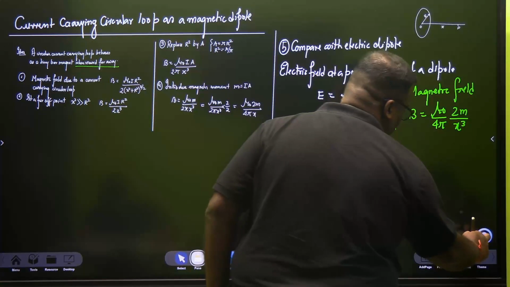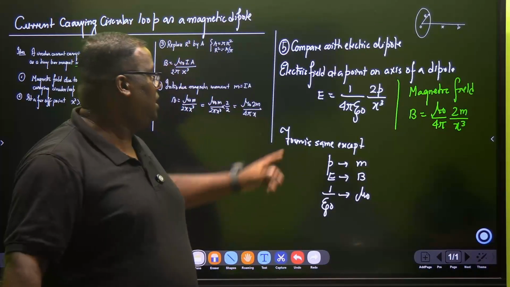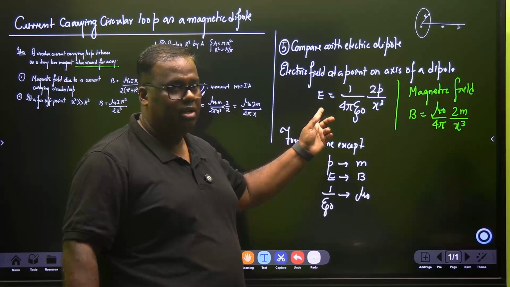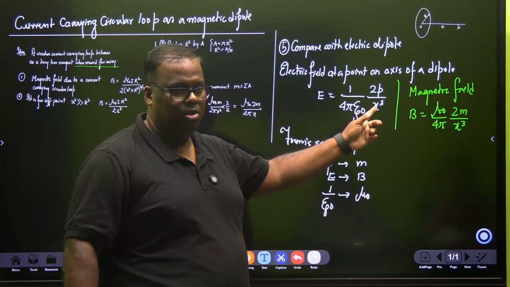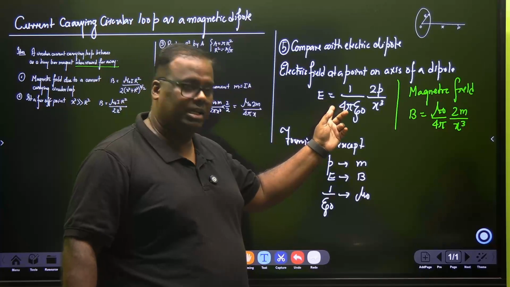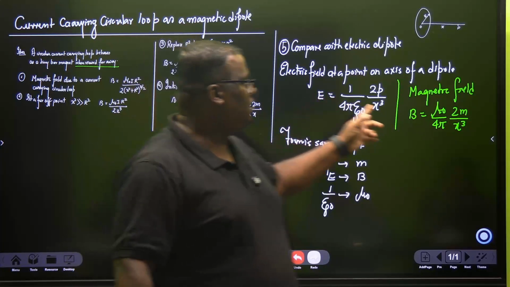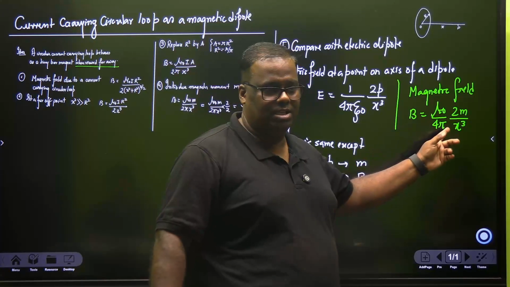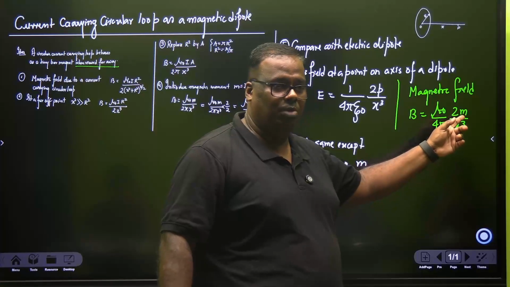Now see the logic, children. This is the expression for electric field due to an electric dipole, the electric field at a point on the axis. Now this is the magnetic field at a point on the axis where you are getting the magnetic moment.